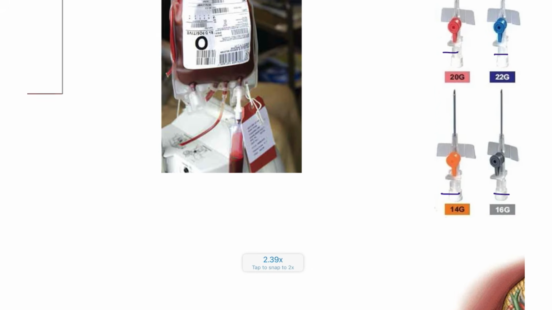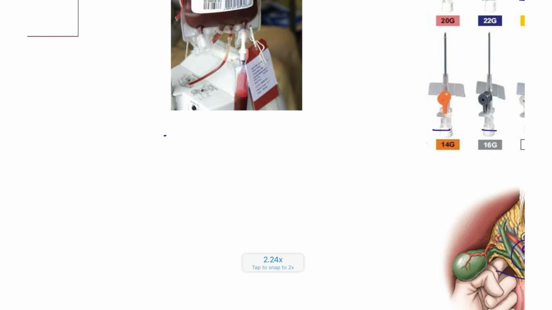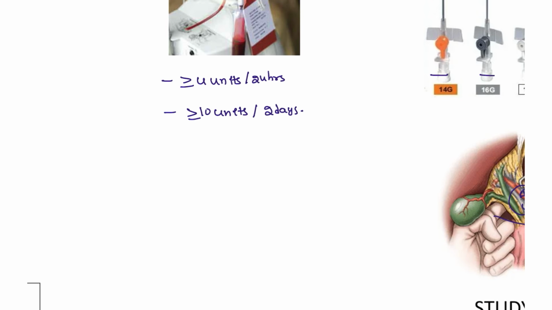Next, coming to the blood. In massive transfusion, what is meant by massive transfusion? More than 4 units in 24 hours or more than 10 units in 2 days. So this is massive transfusion of the patient.